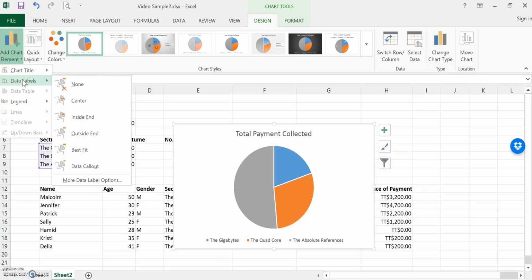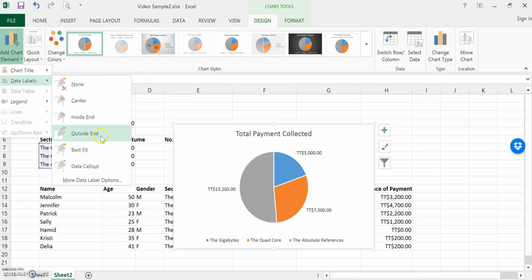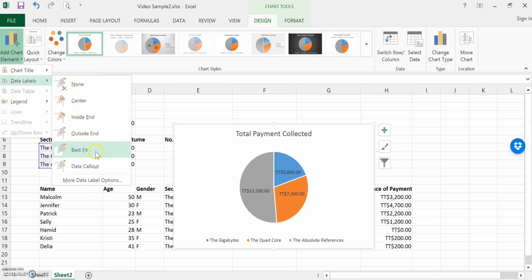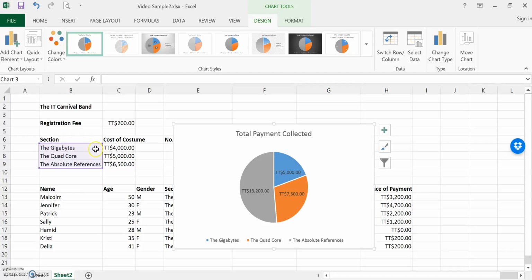Then I have data labels. So right now there are no data labels. I can choose to place these labels at different areas, wherever is the best fit, for instance.